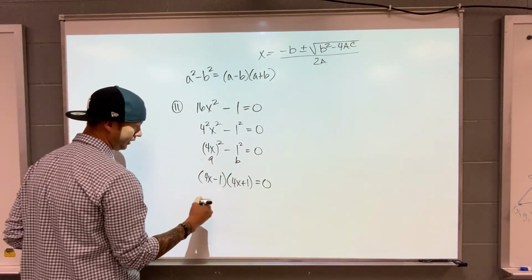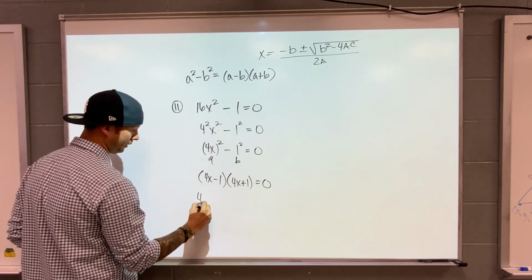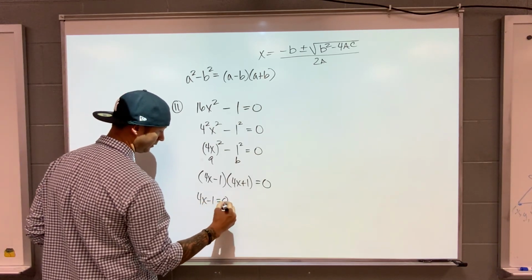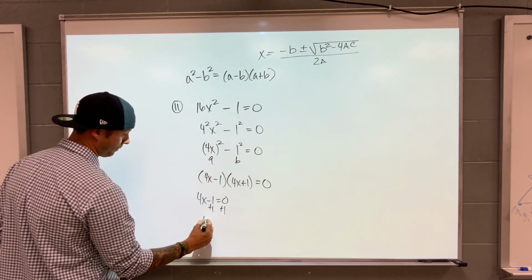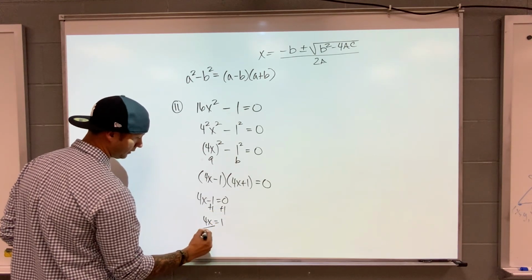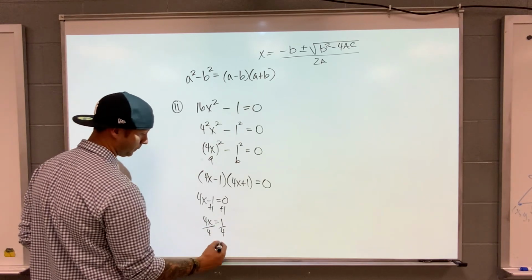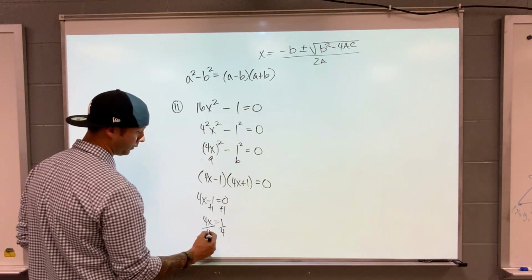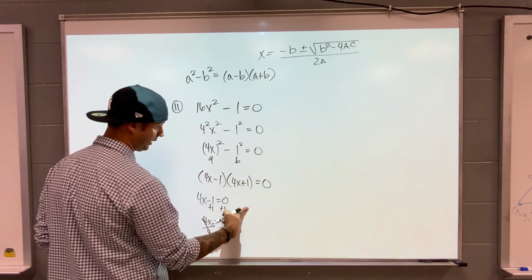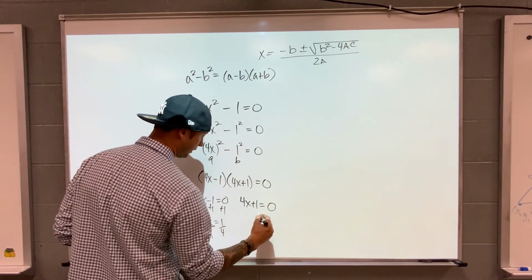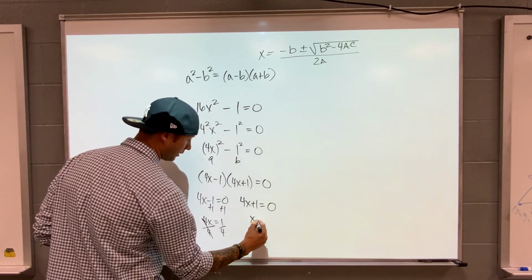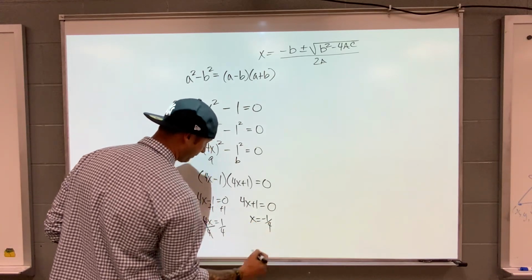So 4x minus 1, add 1 to both sides. 4x is equal to 1, divided by 4. So x is equal to 1/4 on this side. And here, 4x plus 1, it's the same thing but negative. So x is equal to negative 1/4.